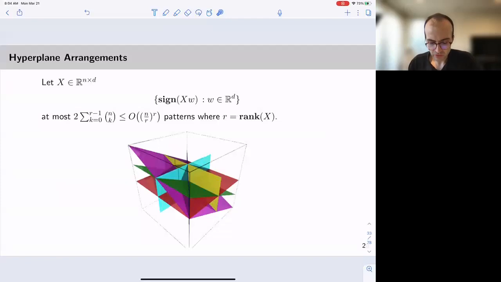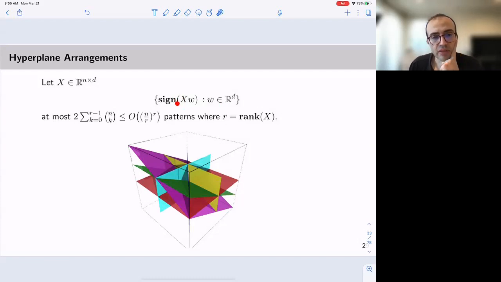So where does this number N divided by R to power R come from? It turns out this is exactly about the question someone asked, right? How many combinations I can have, how many different possibilities I can have in terms of data separation by a hyperplane. These are called hyperplane arrangement patterns. We look at the sign vector of some matrix X times a free variable W, and as W changes, we get different sign patterns.